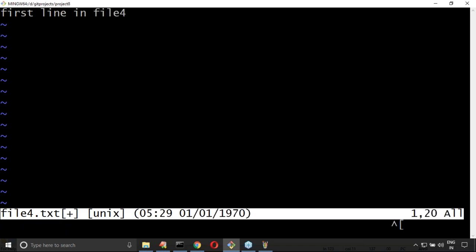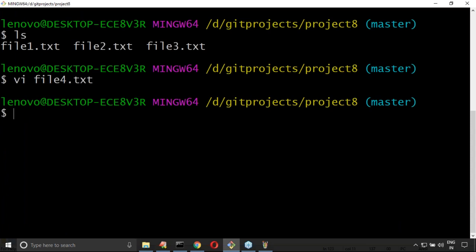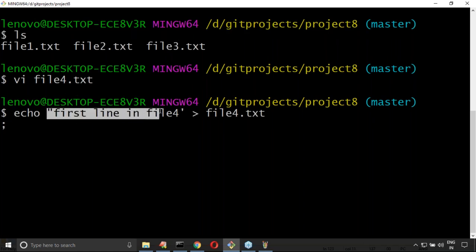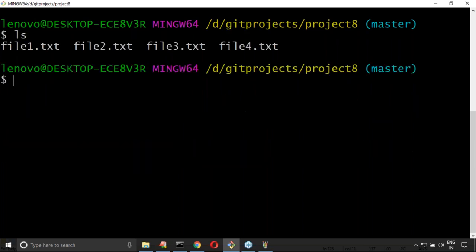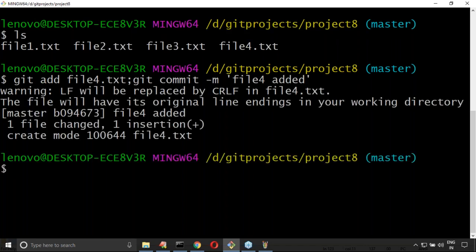Yeah, perfect. What mistake did I make earlier? Yeah, the double quotes and single quotes were not matching. That is the problem. Don't worry, sir. Anyway, file 4 is created. Git add file 4.txt; git commit -m file 4 added. That's all.